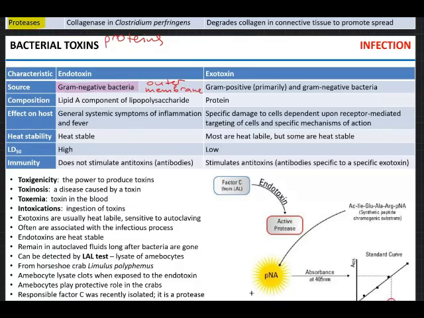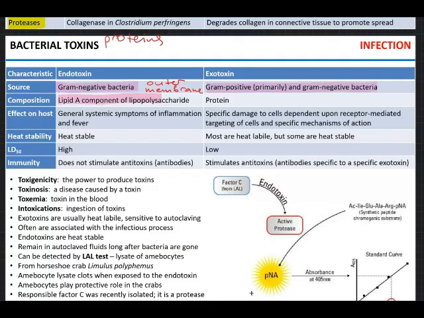Now, exotoxins, molecules that are released by the bacterial cells into the environment, can be found in actually all of them, gram-positive or gram-negative. So the composition of endotoxin is pretty standard among gram-negatives.